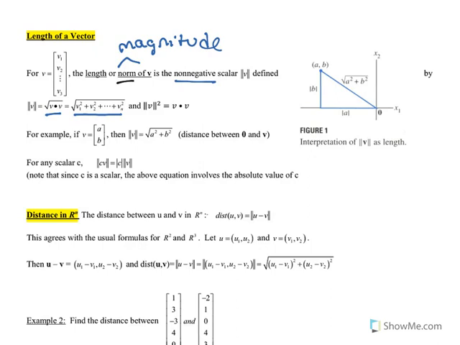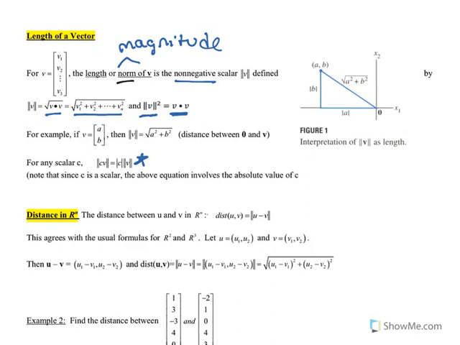Helpful later, the magnitude of some vector squared is going to be the same as it dotted with itself. For a scalar, note, you can take a scalar out of the magnitude, but since the magnitude has to be non-negative, the magnitude must be a non-negative scalar.